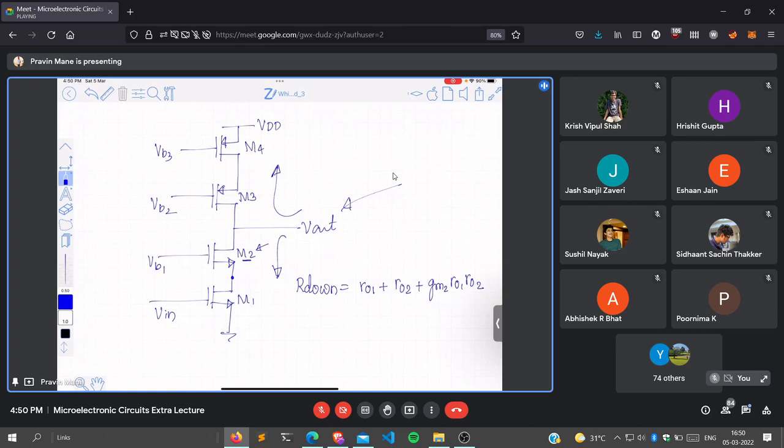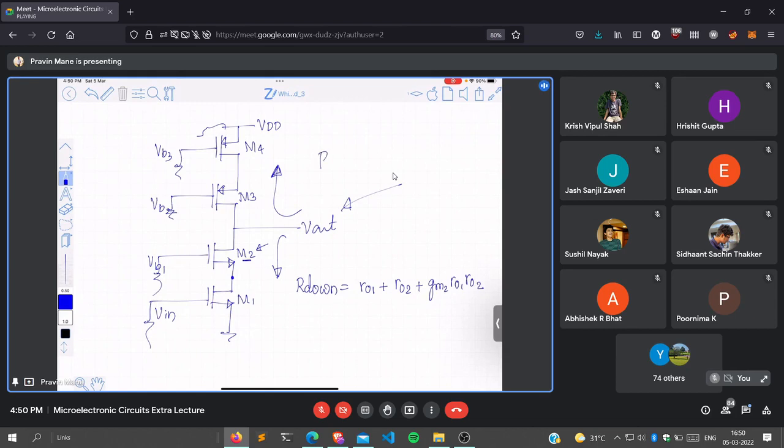What is the difference in the upward circuitry? Is it the same? Yes, sir, it's PMOS. That's the only difference while calculating, because anyway in calculating the impedances we are connecting this to ground, this is also connected to ground, this is also connected to ground. So there is no difference.